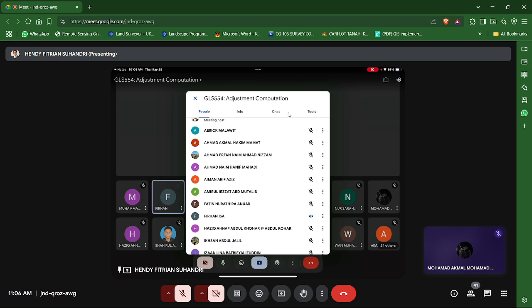A itu dependent ke? Independent apa? Maksud dia kan apa? Kan ada dependent variables, ada independent variables. Apa yang masuk dalam independent, apa yang masuk dalam dependent variables?